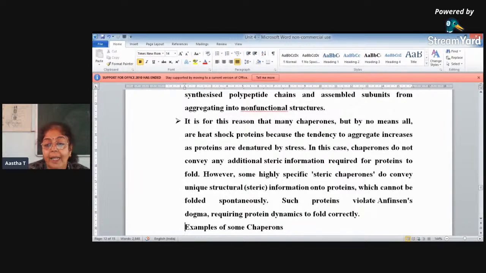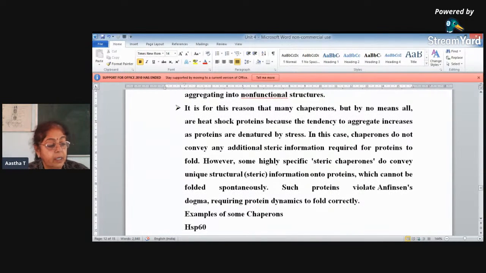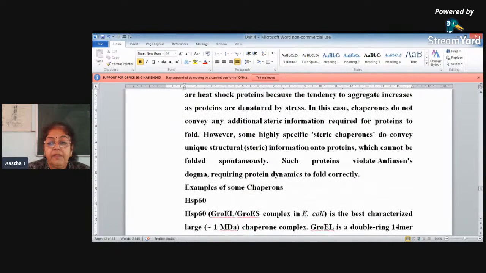Such proteins violate Anfinsen's dogma requiring protein dynamics to fold correctly. So let us see Anfinsen's dogma, the ability of the protein to fold correctly. There the chaperones have the main role, but these steric chaperones do not follow that rule.